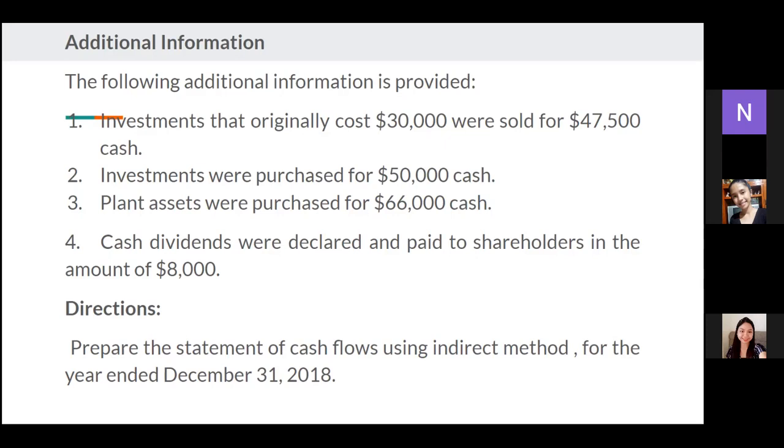Kasi dito, under indirect method, dito yung resulting dun sa non-cash transaction, while dun sa direct naman is magre-result siya sa cash transaction. Prepare the statement of cash flow using indirect method for the year ended December 31, 2018. Next slide po, please.